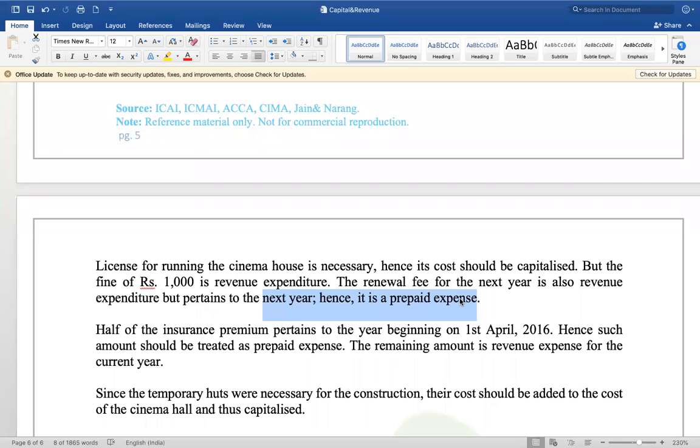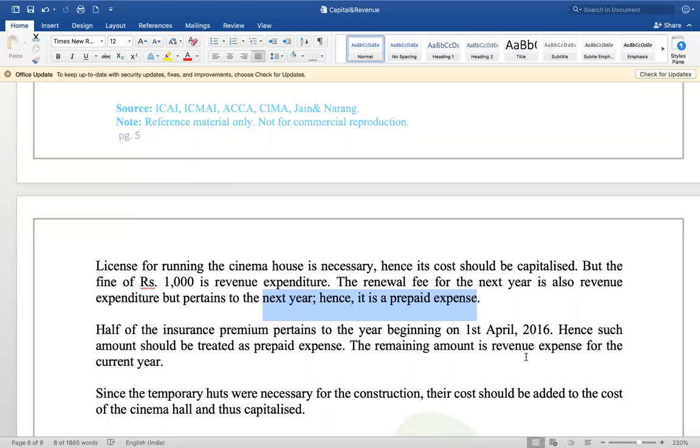Similarly, the opposite treatment is given to prepaid expenses. Because I got the opportunity to explain here, I'm making use of it to repeat what we have discussed about prepaid and outstanding. There's a lot of confusion that students commit, so whenever I get the opportunity, I repeat this about prepaid and outstanding expenses.